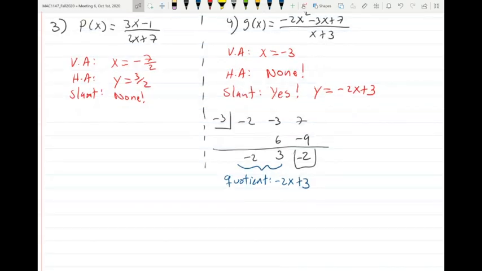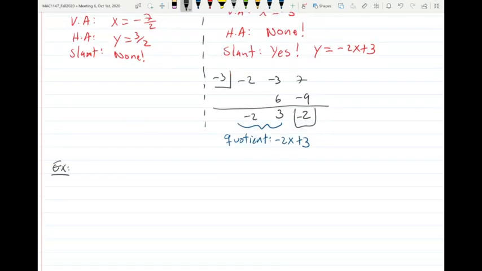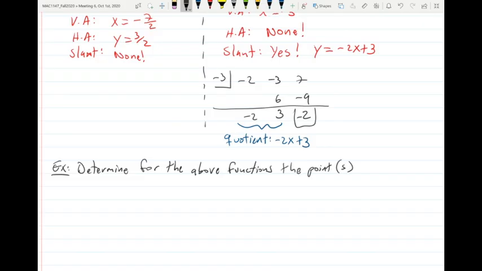Okay. Anyways, let's do the example that I was mentioning. So, example: let us determine, for the above functions, the point or points, maybe it's more than one, if any, at which the graph crosses the horizontal or slant asymptote.